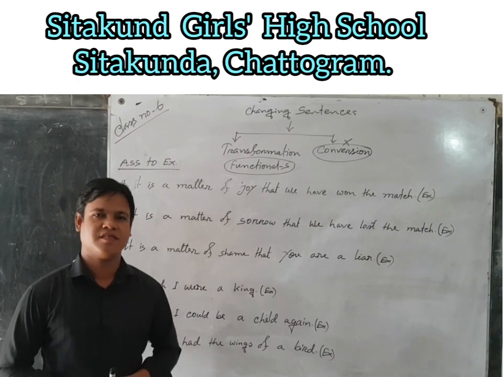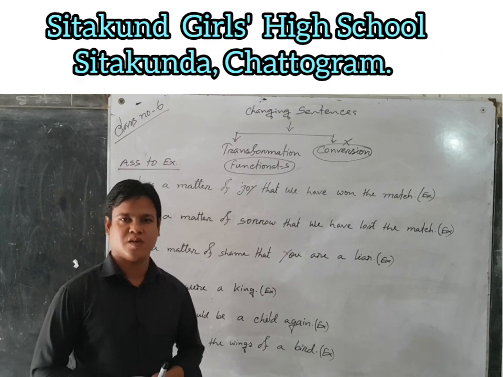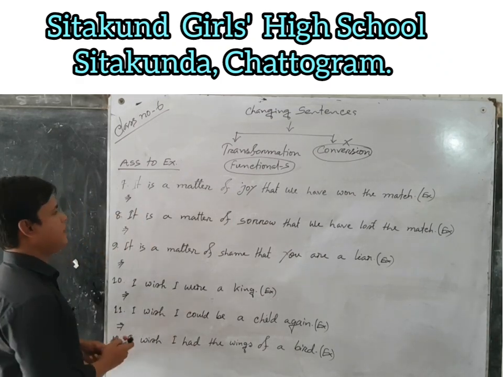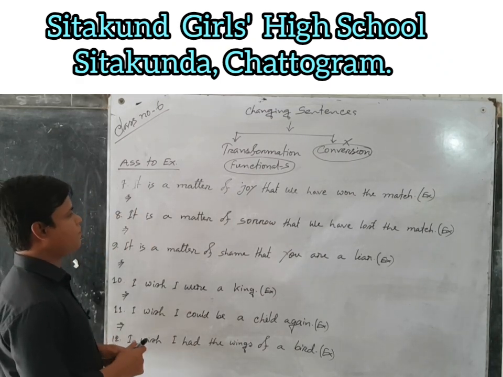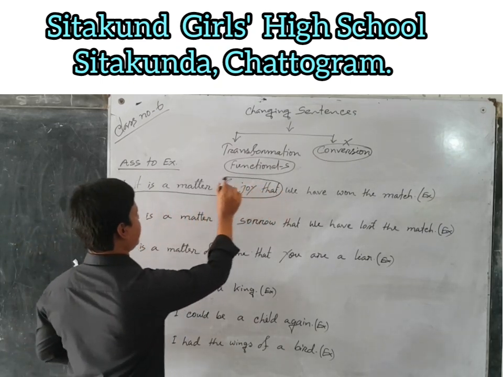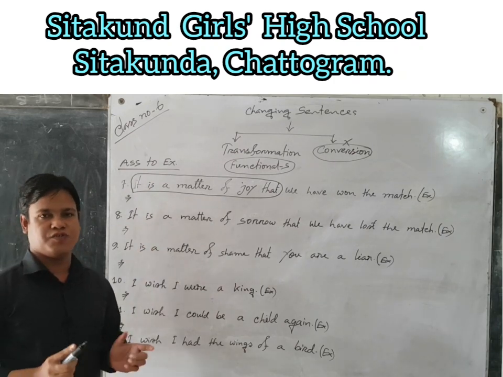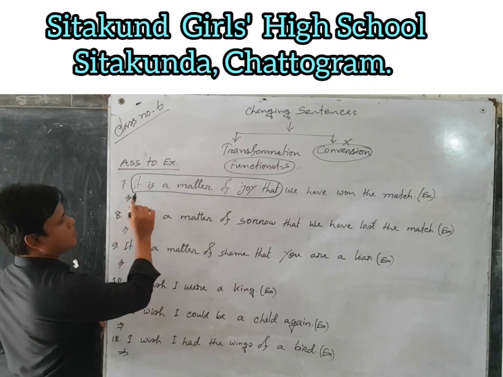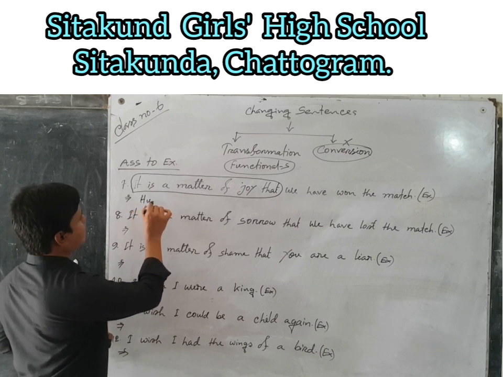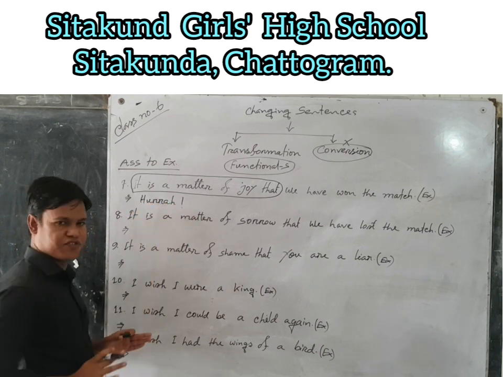Dear students, there are some examples of assertive sentences. Look at the whiteboard. It's a matter of joy that. If we find it's a matter of joy that in the assertive sentence, we have to use hurrah and the note of exclamation.